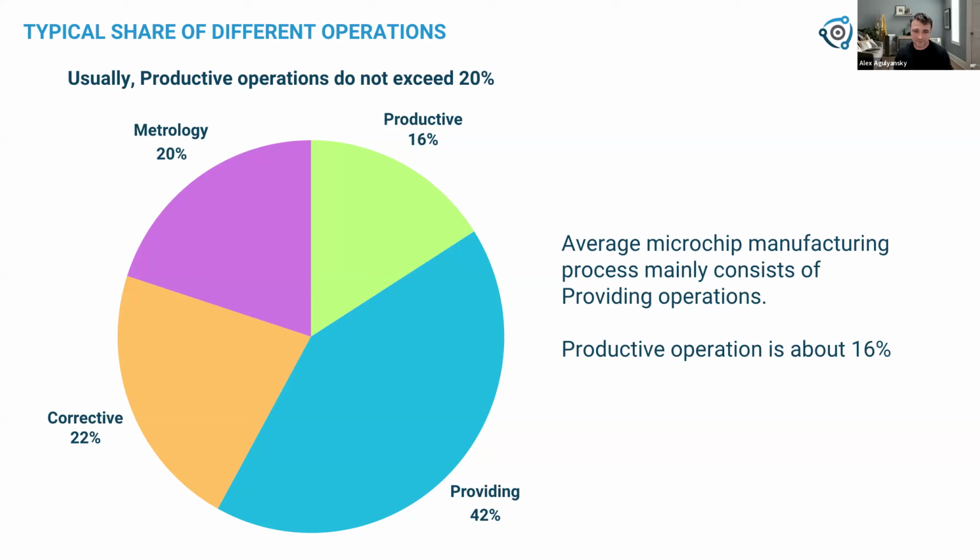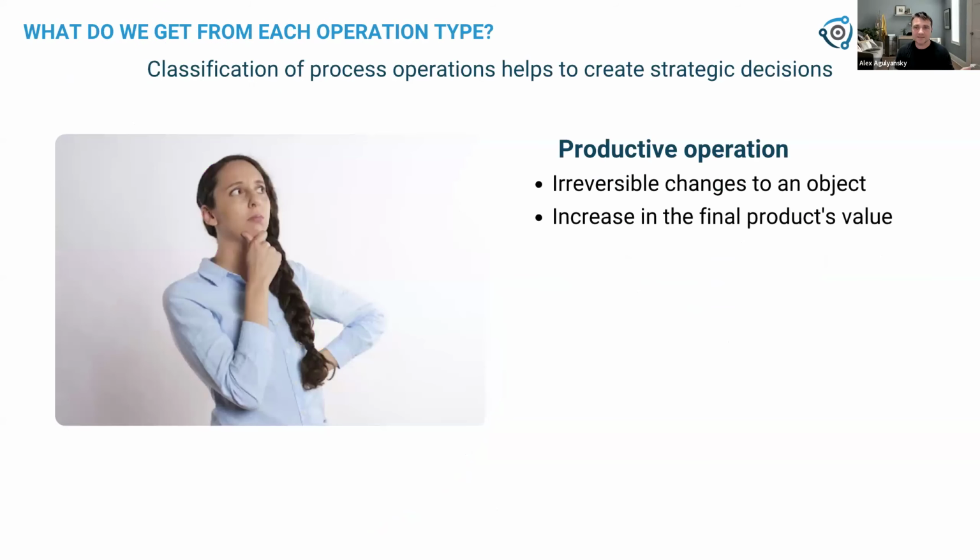I'll pause here for a moment. All right. Now, let's dive again into the different types of operations. So productive, just to remind, is an irreversible change on an object or on a product that increases the final product's value.